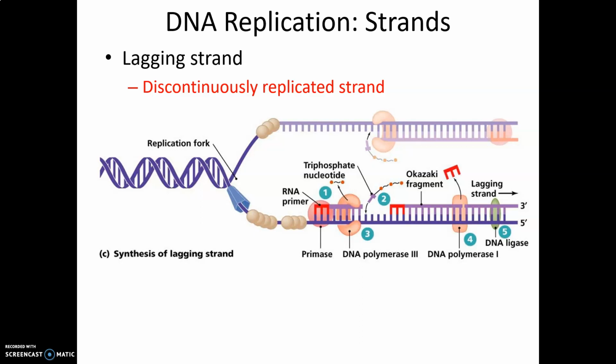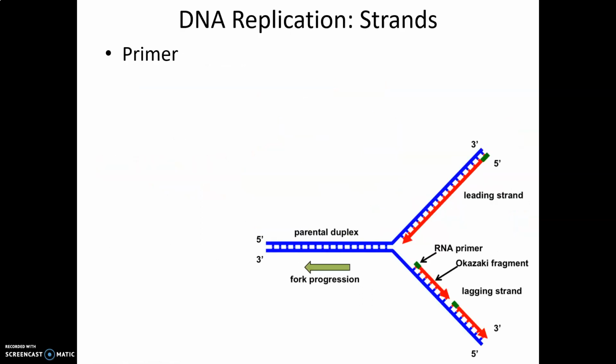The one that runs 3' to 5' can't be synthesized continuously, so we have to synthesize it discontinuously using Okazaki fragments. So whereas the leading will have this perfect, neat strand, this one is going to have chunks of DNA called Okazaki fragments that are helping us to synthesize it.